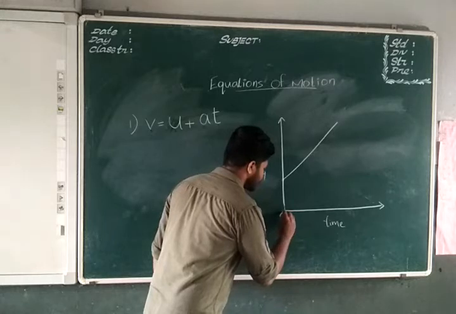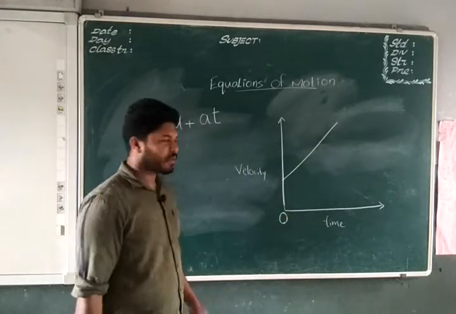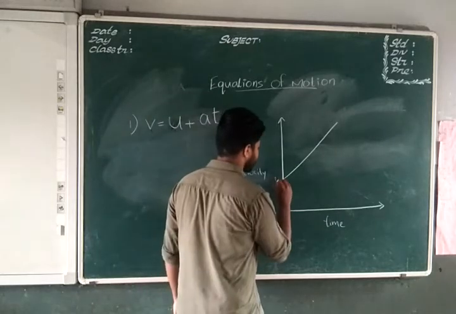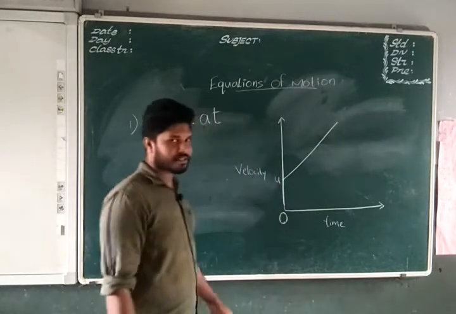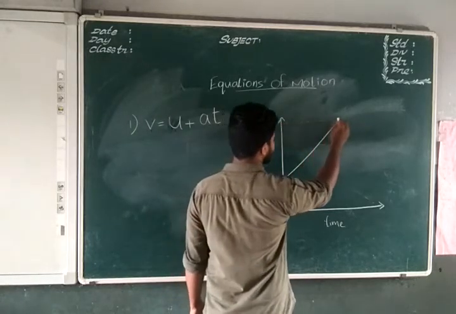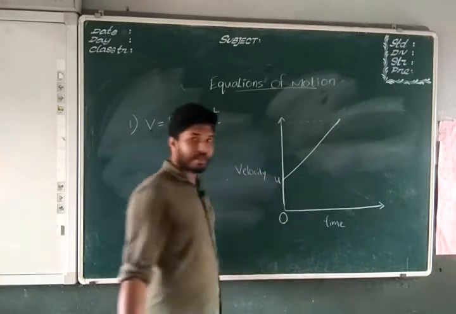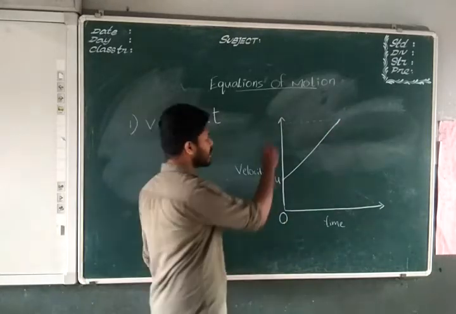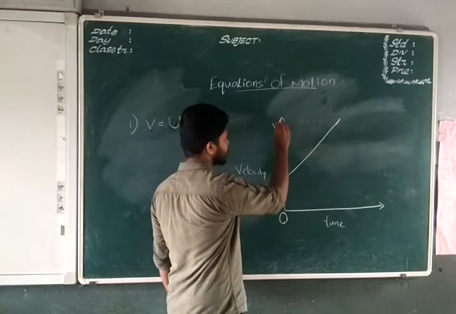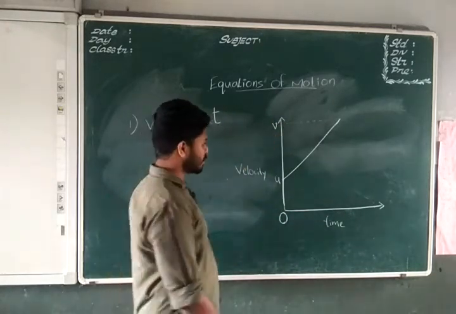Let us name the origin as O. The body starts its movement from here, so it is noted as initial velocity, and the body stops the movement when it achieves a final velocity. To represent final velocity, we can use the small letter V. So here, initial velocity and final velocity.